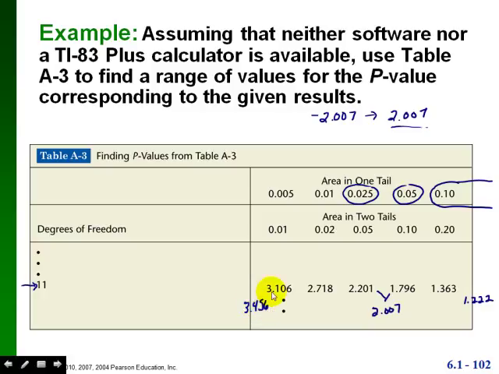And remember, this time we had a two-tailed test, so we can make this a little bit easier by looking at the area in two tails. And the 3.106 gave us the 0.01, and we're to the left of that. So that means that our p-value has to be from there on this way, which means it has to be less than 0.01.